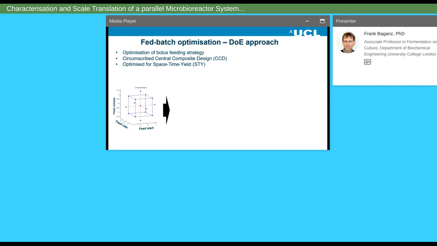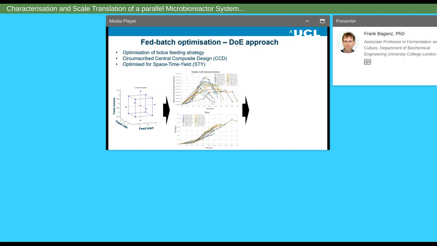These were the total feed volume in percentage of the initial working volume, the feed start in days after inoculation, and feed weight in number of bolus additions that the feed volume was divided. All were investigated at 5 different levels. The center point was replicated 6 times.